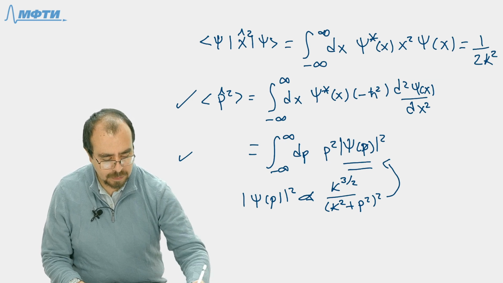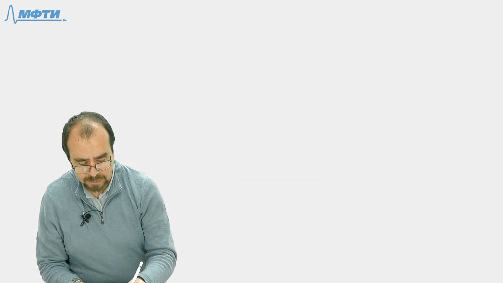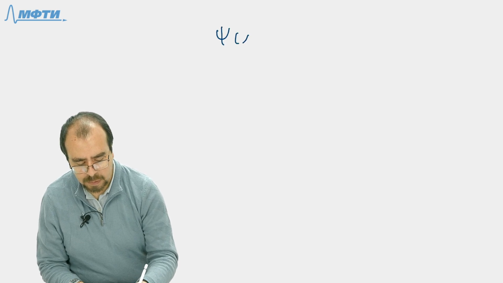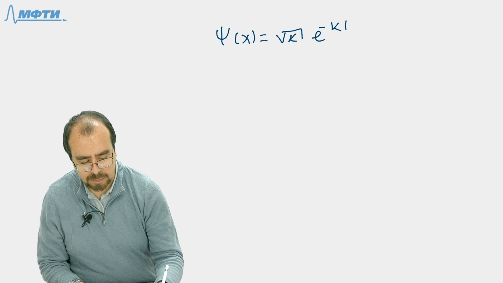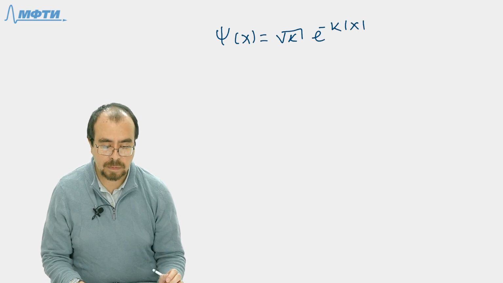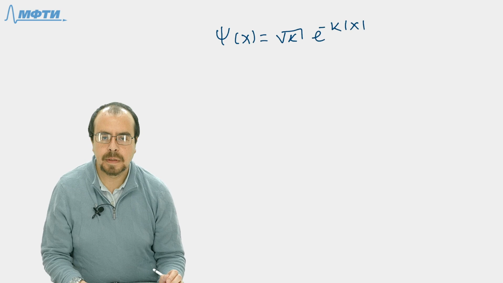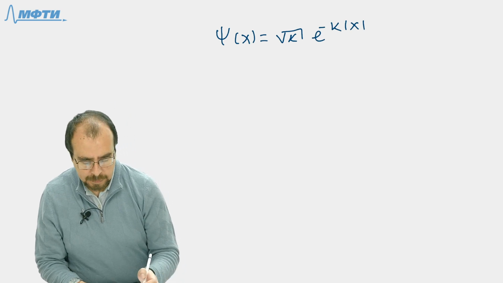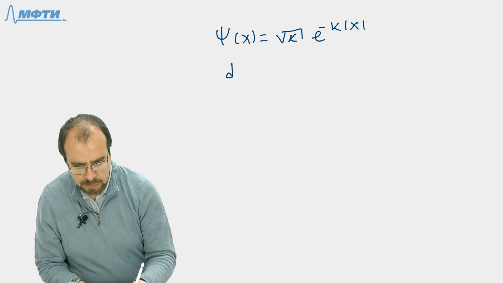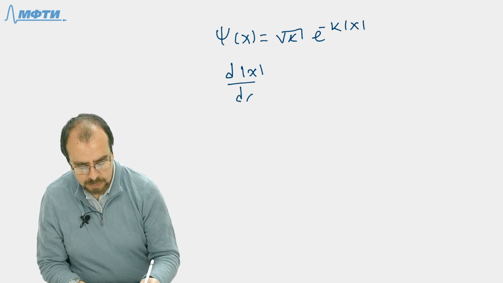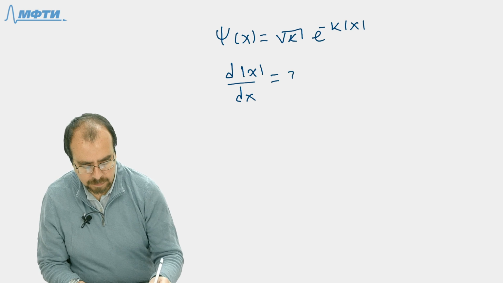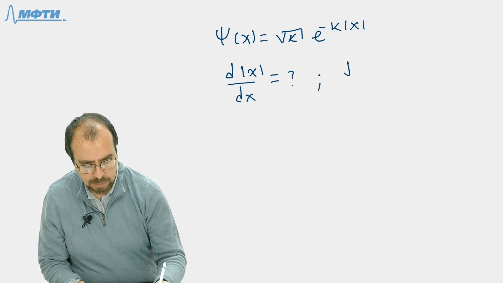Well, one thing that you need to be very careful about is that, as you remember, our wave function was written in terms of the absolute value of the position. So in the case that you are differentiating with respect to the position, you need to obtain two derivatives of this function, right?